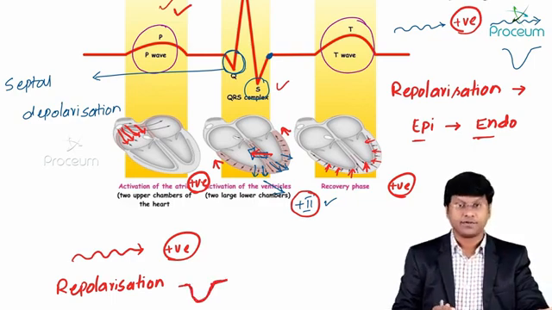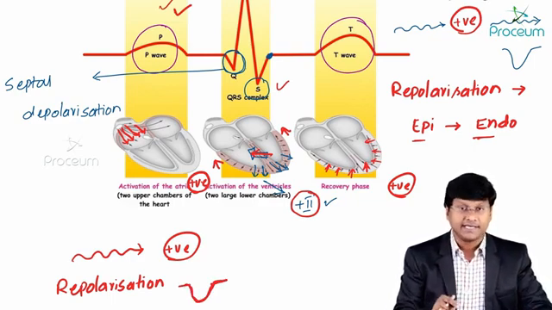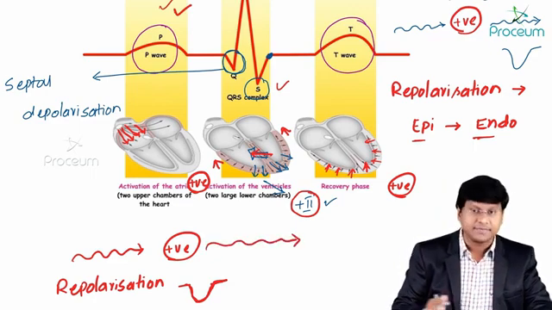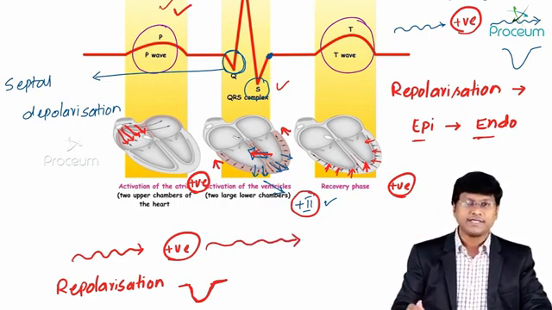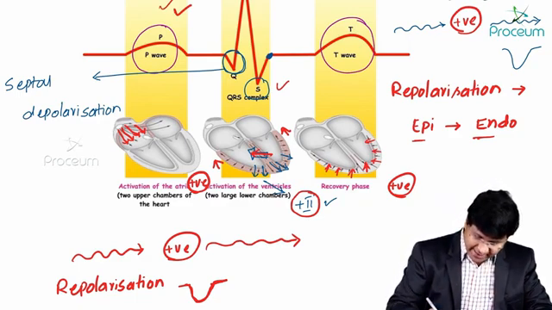In case the wave of repolarization is away from the electrode, then in such case, you will have a positive wave.